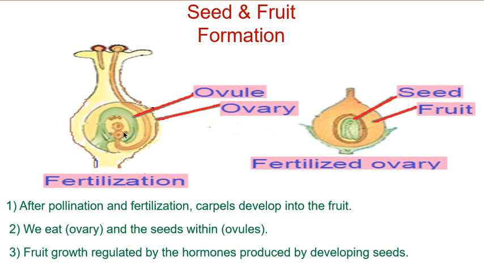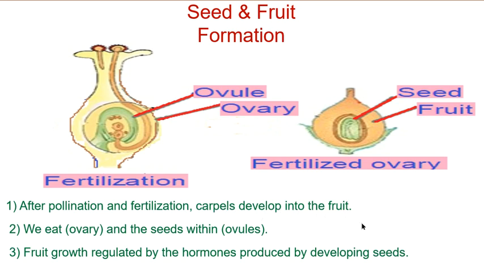This is the fertilization stage. After the fertilization, it is the fertilized ovary in which the seed is formed, and the seed is covered with the fruit pulp. So after pollination and fertilization, the carpel develops into the fruit.